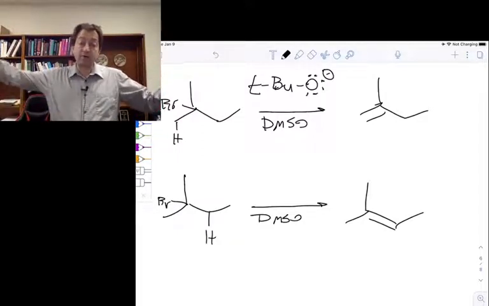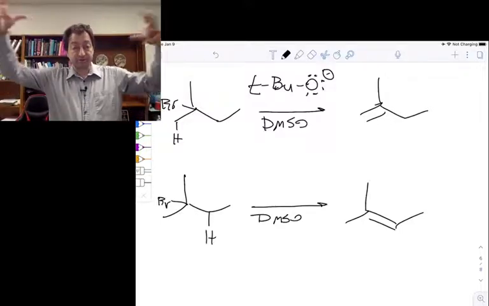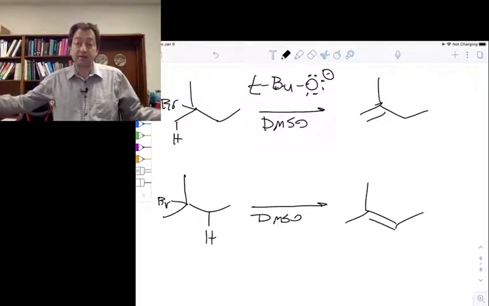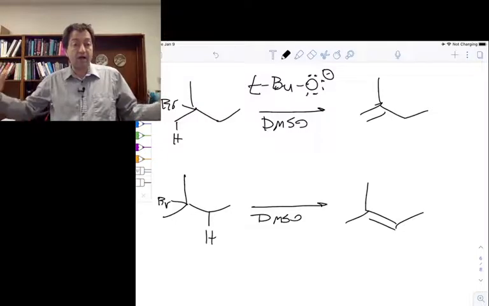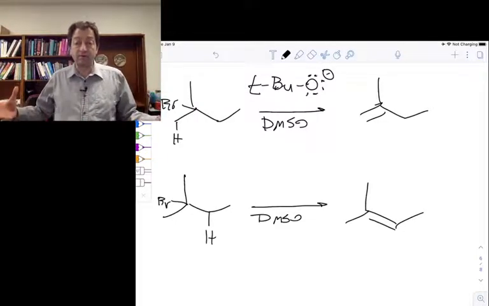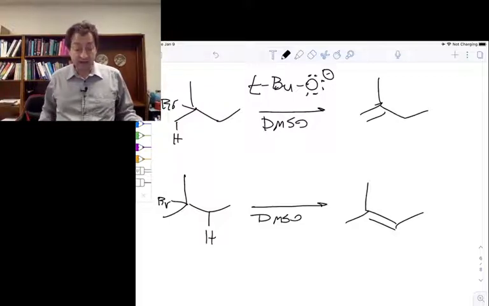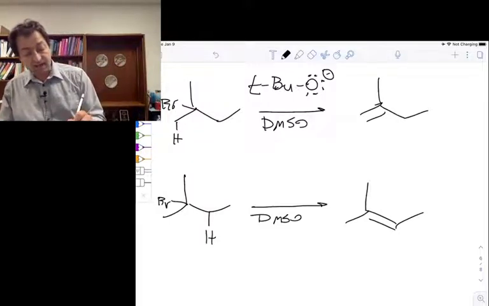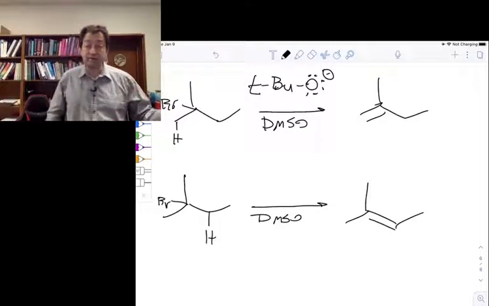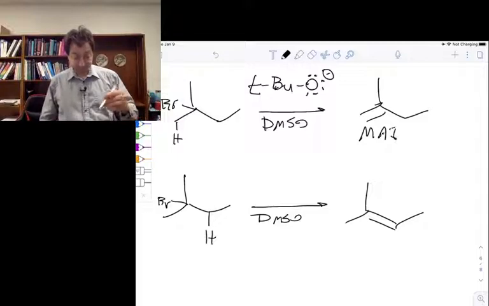It has that big, bulky t-butyl group with those 3 methyl groups sticking out into space. So there's a lot of steric bulk associated with this particular base. It's going to easily find the least hindered proton, and in this instance you would get this as the major product if you use that large, bulky base.